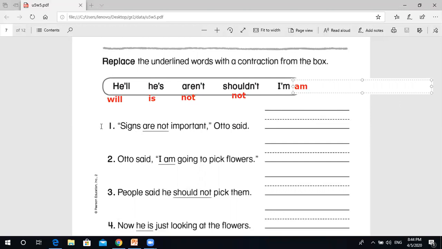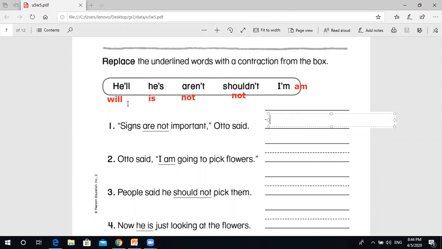Okay, let's start with the first one. Signs are not important, Otto said. Here, how can I write this in a short way? I would like to write are not in a short way.